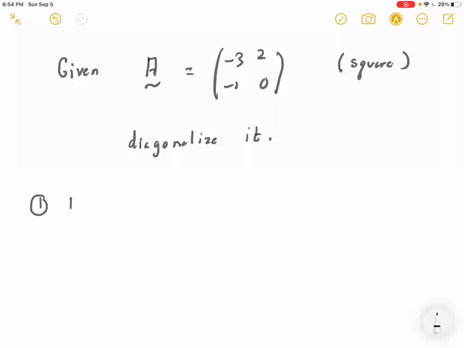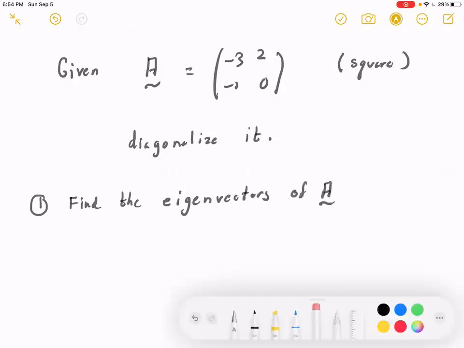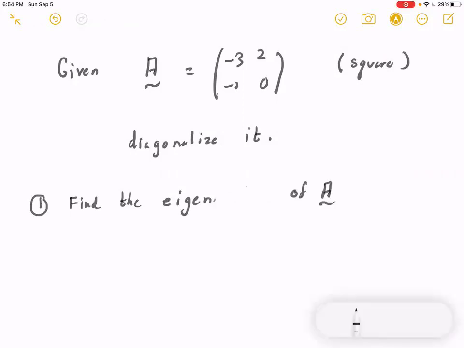First thing you have to do is find the eigenvectors, or actually eigenvalues. The easiest thing to do is to find the eigenvalues. So let's find the eigenvalues of A. So we need to write down the secular equation or characteristic equation for this problem.